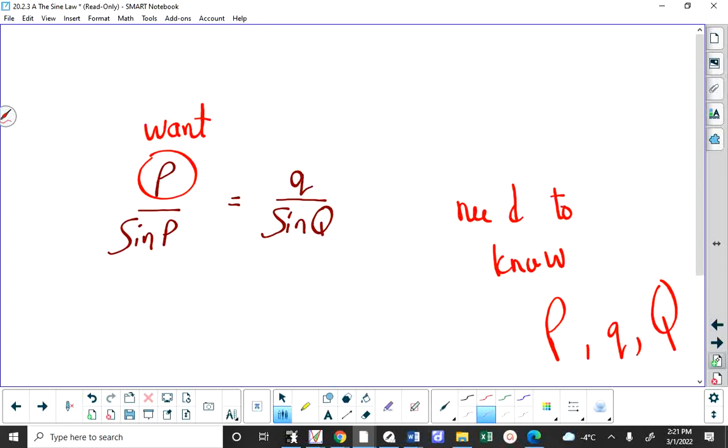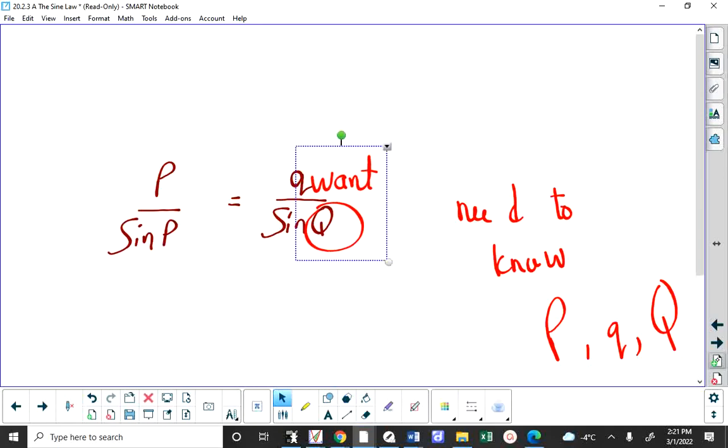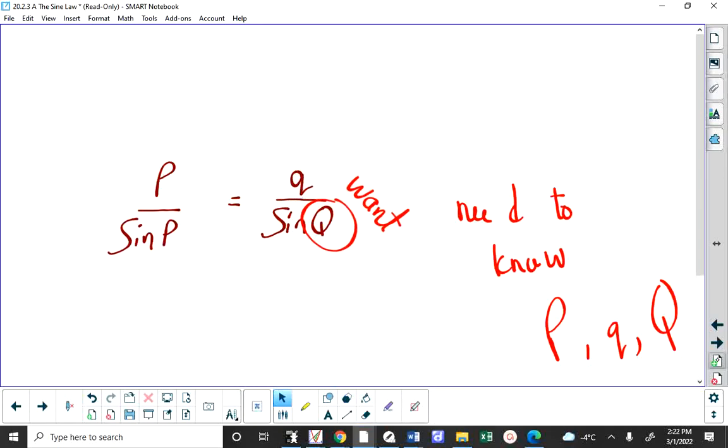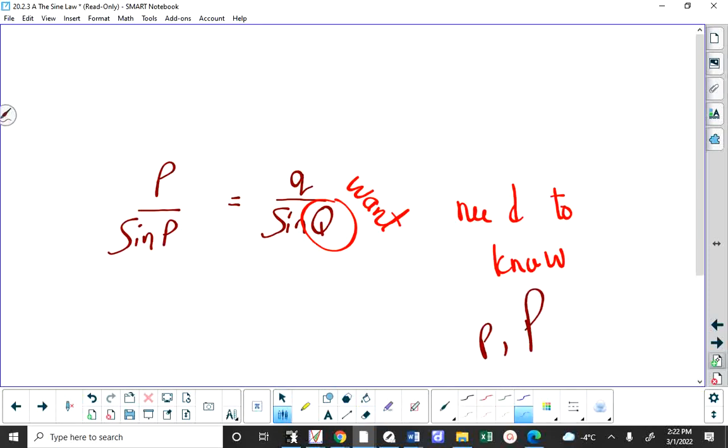What if I said to you, you want to find angle Q? Well, you would need to know little p, angle P, and little q. Would you agree? My point is this.